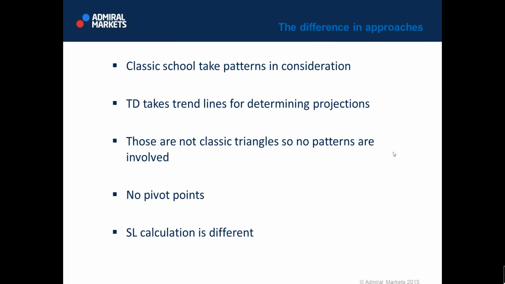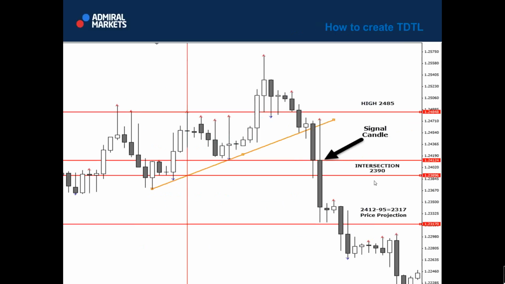Could you show again where we have to open the trade on the example? Yes, definitely. Pay attention to this chart and watch the price movement, please. This is the trend line. This is where the candle closed, and this is the signal candle. Once this candle closes below this trend line, you need to wait for the next candle open.